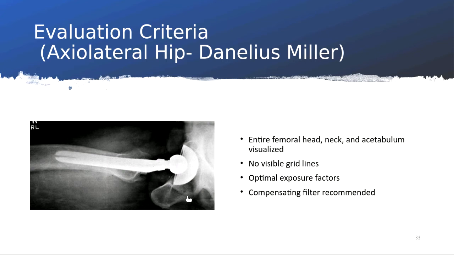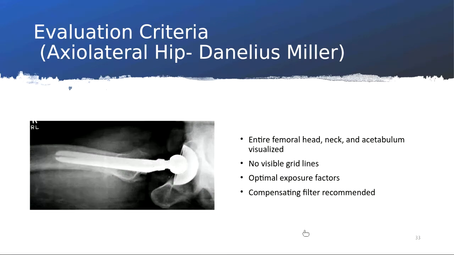But if there's no prosthesis, you still need everything, including acetabulum, femoral head, and then as much of the shaft of the femur as you can get. Right, and that is a Danelius-Miller or an axiolateral hip, and that would be done for trauma.